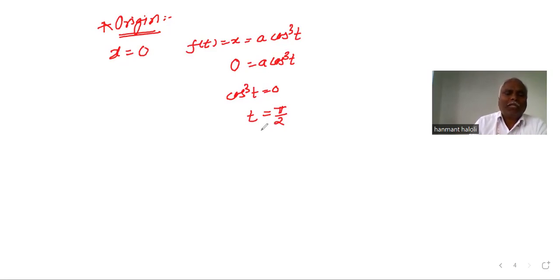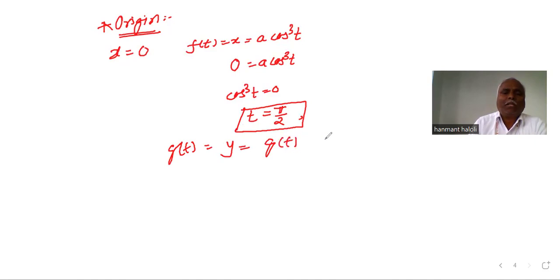Now if t is pi by 2, then find the value of y. Put this value of pi by 2 into the second function, that is g of t, which is a sine cube t, and the value of sine of pi by 2 is 1. 1 cube is 1.